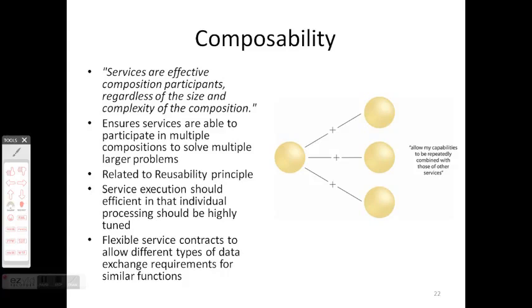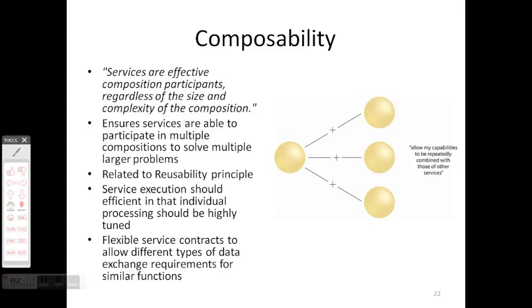Composability is about services being effectively able to be composed and also participate in composition regardless of the size and the complexity of the composition. So a service does not care, or should not know, about the size or the complexity of the environment.